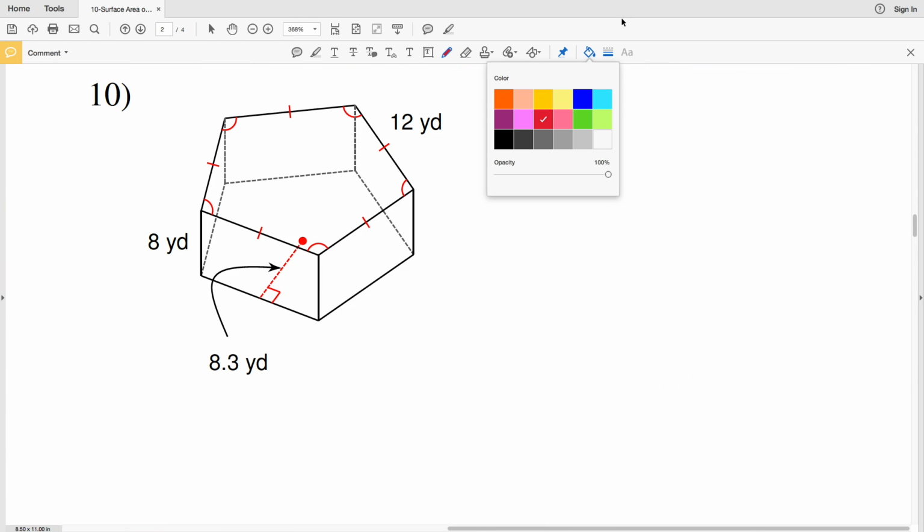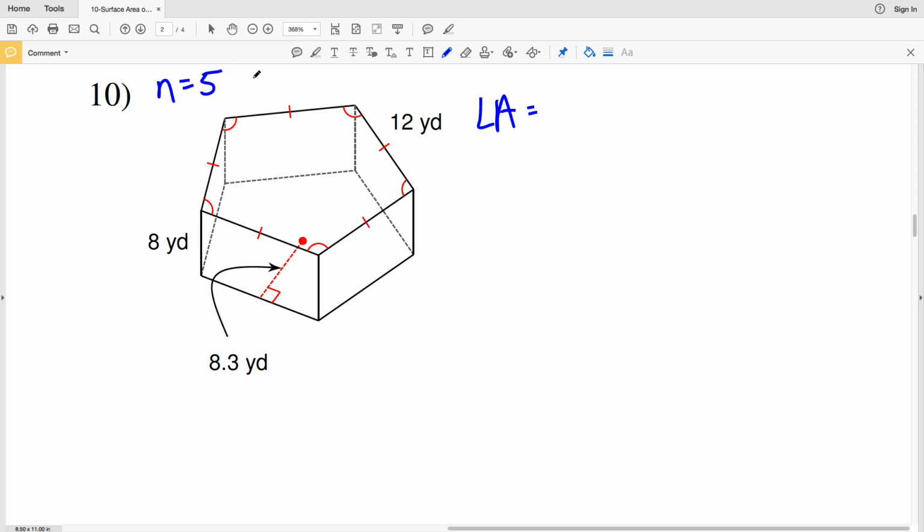Moving on to number 10, let's start with lateral area. Lateral area, remember, is the perimeter times the height. Well, this is a regular pentagon for the base, since it's a pentagonal prism, so the number of sides n is equal to 5, and the length of one of the sides is 12 yards. So for lateral area, we'll have the perimeter, which is n times s, times the height.